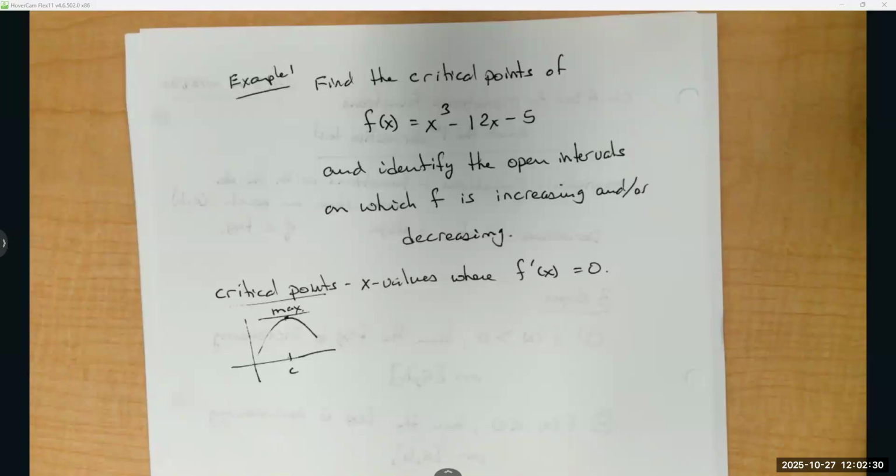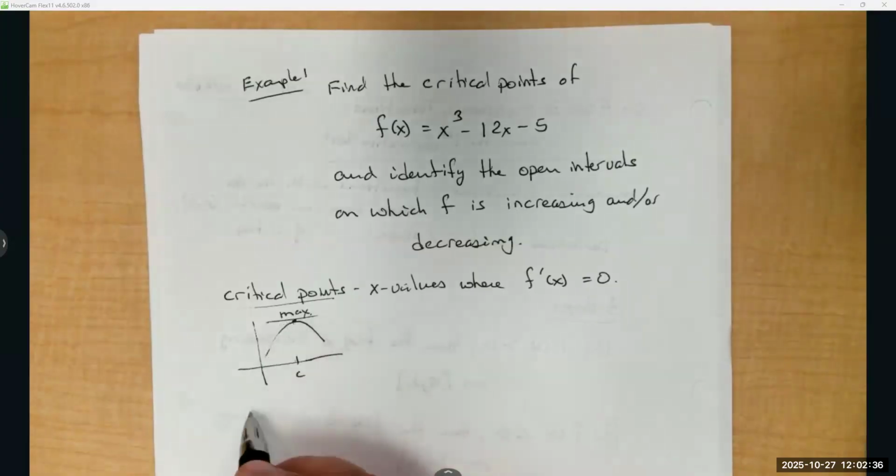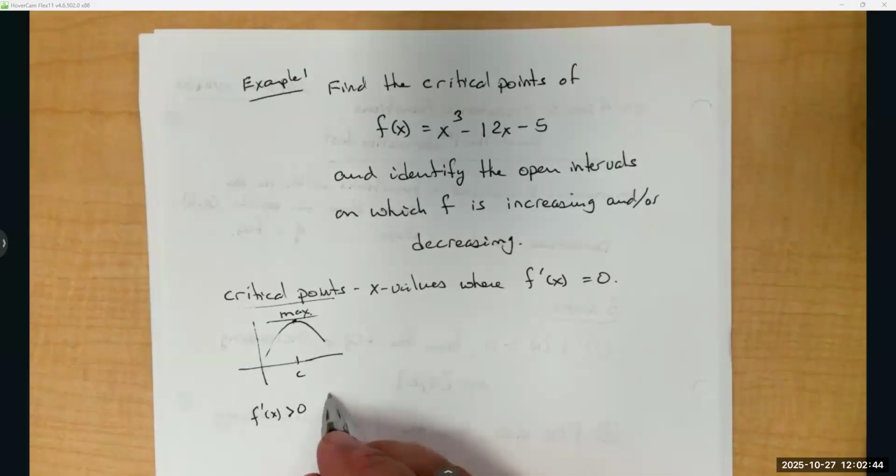If this is a maximum, the derivative on the left-hand side has to be positive, and the derivative on the right-hand side has to be negative, because it has to go up, then go down. So where it changes is your critical point.